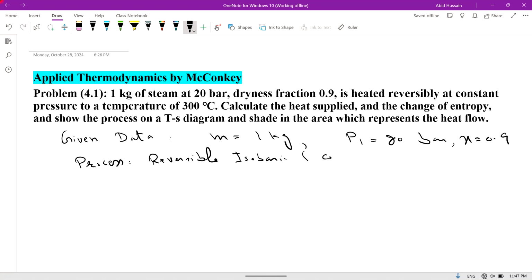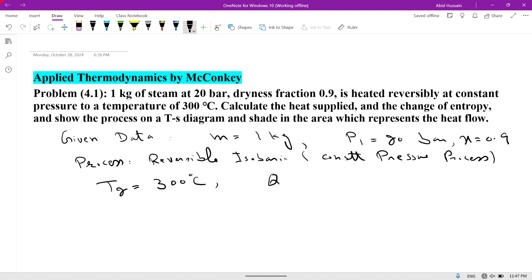Isobaric means constant pressure process, to a temperature, after the reversible isobaric process, T2 is equal to 300 degrees centigrade.